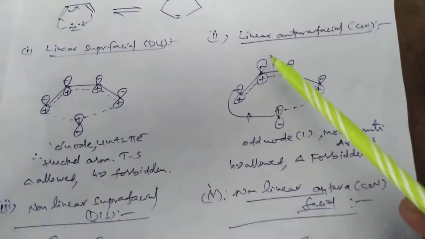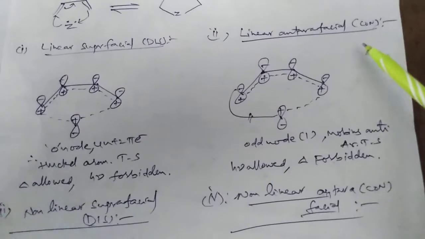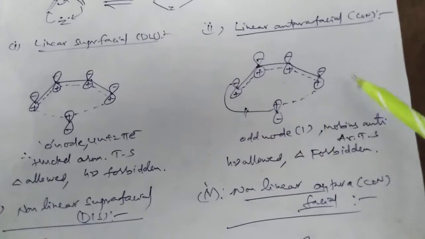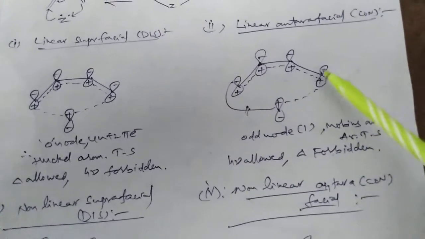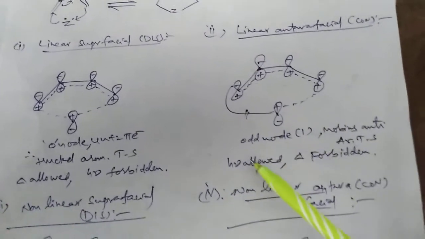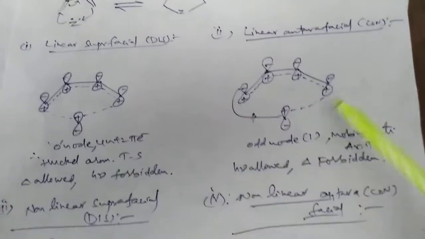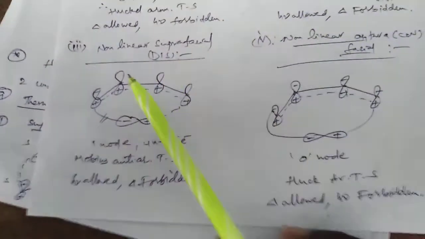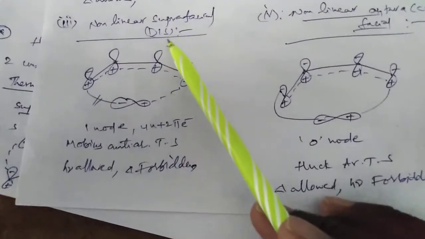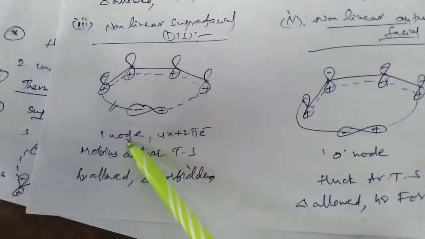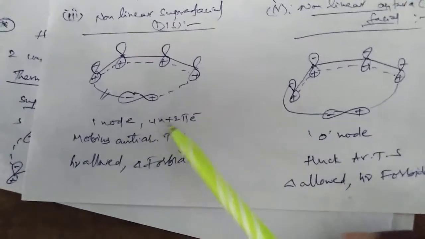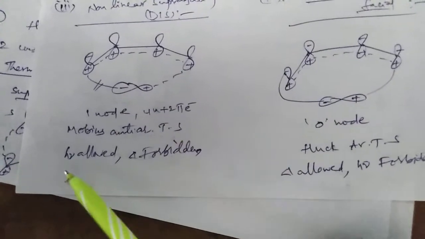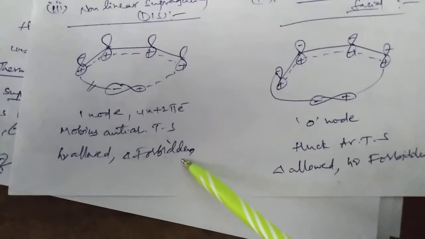In the second case, linear antarafacial, conrotatory mode, an odd number of nodes, meaning one node, is obtained, where a Mobius anti-aromatic transition state is formed, photochemically allowed, thermally forbidden. In the third case, non-linear suprafacial, disrotatory mode, one node is formed, a 4n plus 2 electron system, a Mobius anti-aromatic transition state, photochemically allowed, thermally forbidden.